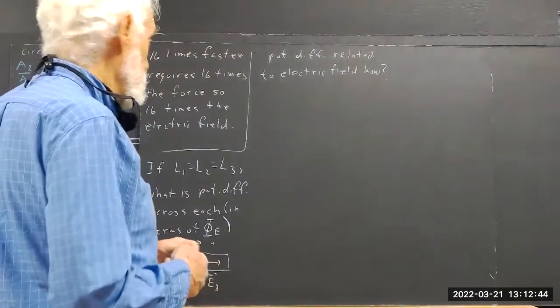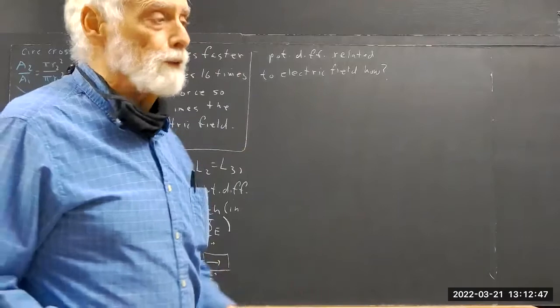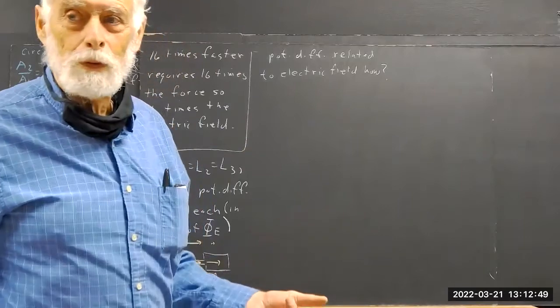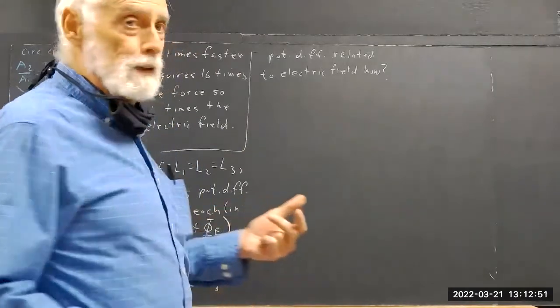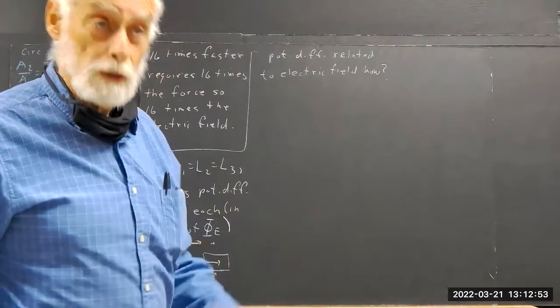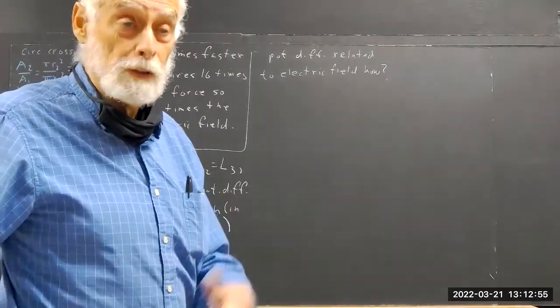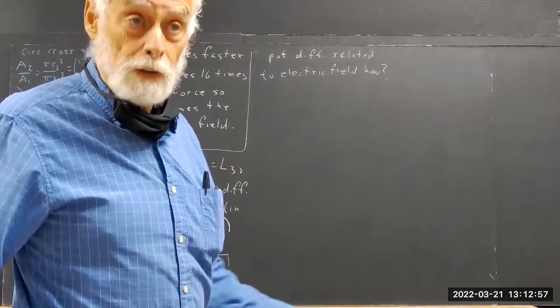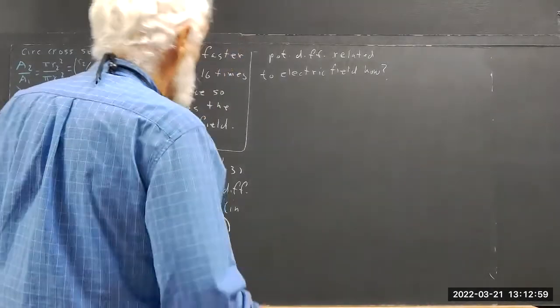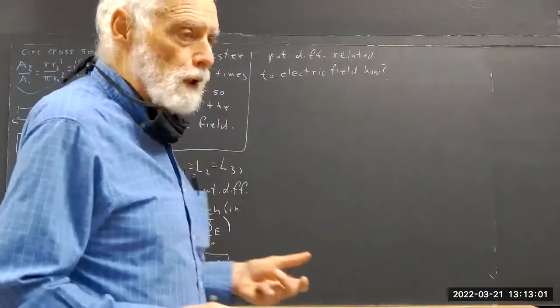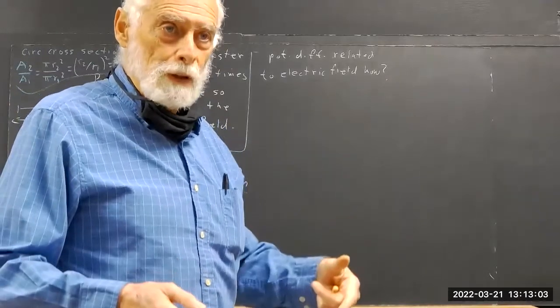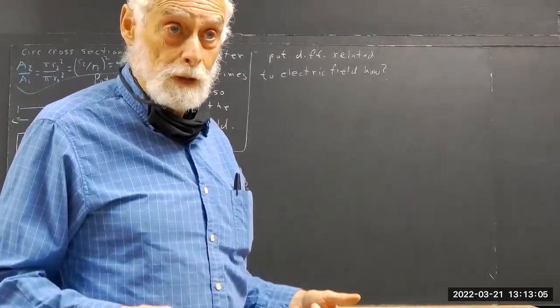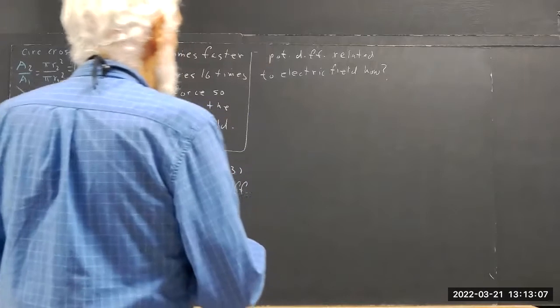Okay, got a good answer there. The answer I would ultimately hope for is that the electric field is a gradient of the potential, but we'll relate that to the answer I got, because it's a very simple relationship. The answer I got was you multiply the electric field by the distance to get the potential difference.